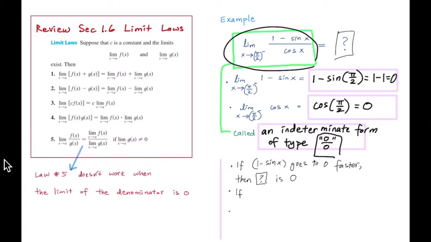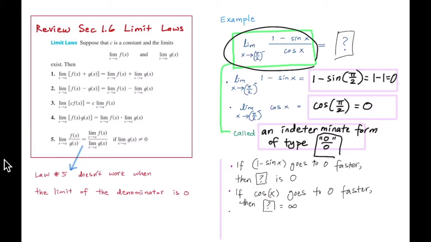If the function at the bottom, cosine of x, goes to 0 faster than the function at the top, then the question mark will be replaced by the infinity symbol.